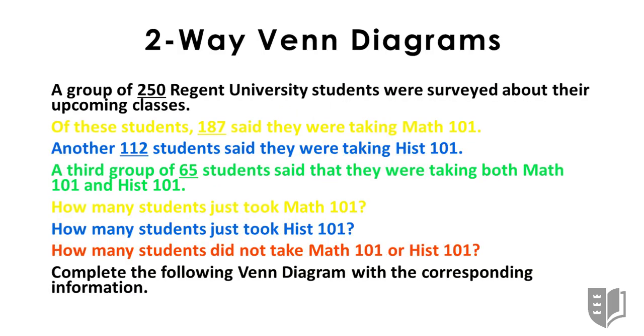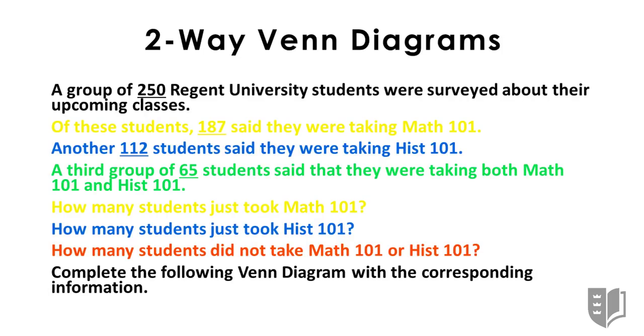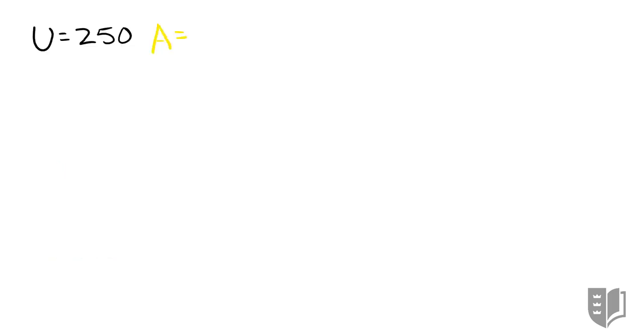Alright, now that we have that out of the way, we can write down some of our given information. First, we know that the universal set consists of 250 people, so let's write that at the top of our screen. Next, we know that there are 187 people in set A. Remember, that's all of the people taking Math 101.